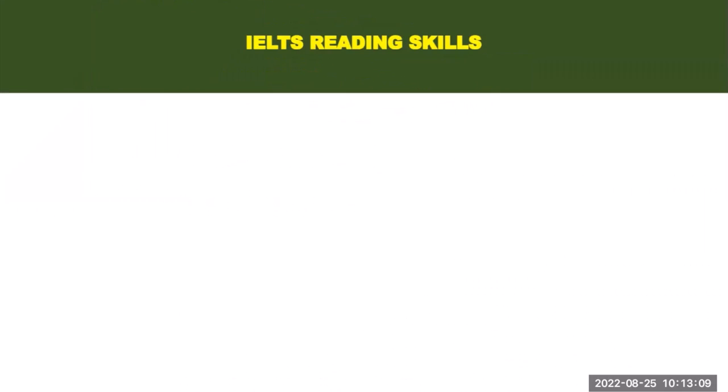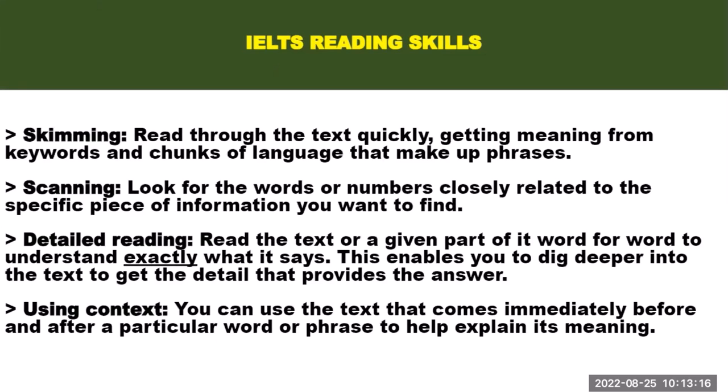Now, let's continue. In addition to these first two, skimming and scanning, we have the third one, which is detailed reading. A skill is an ability to do something. So a reading skill is the ability to read a passage and understand it.